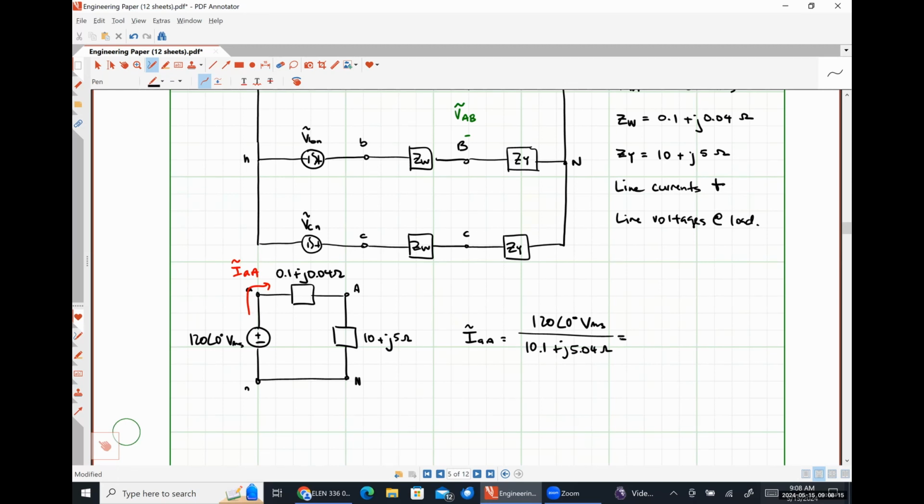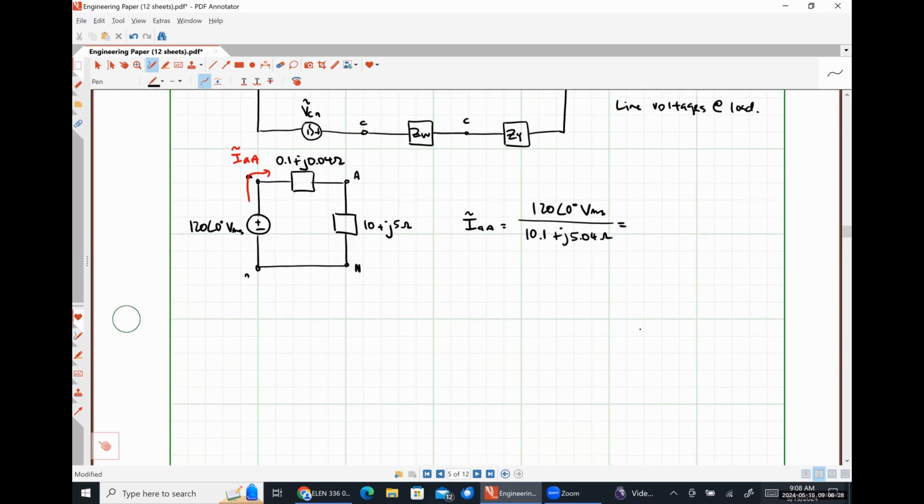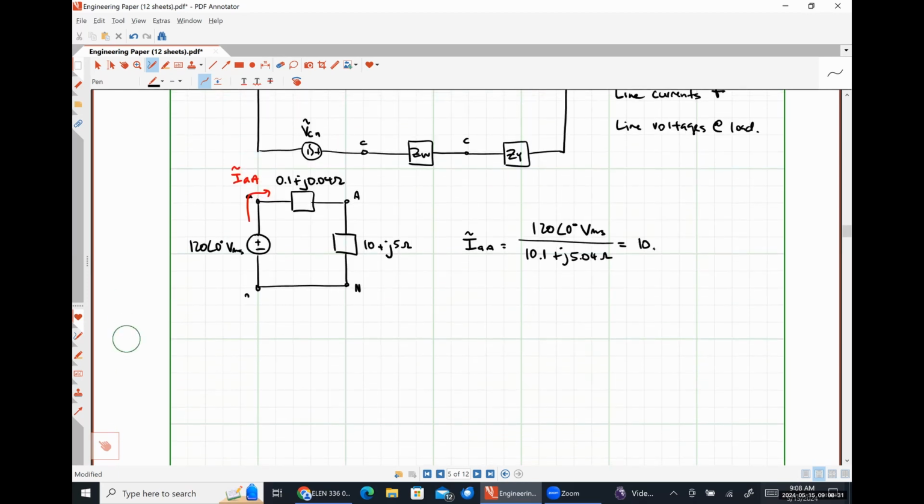So putting this into my calculator, I'm going to do 120 divided by 10.1 plus j5.04. And I got 10.631 angle negative 26.520 degrees amps RMS.